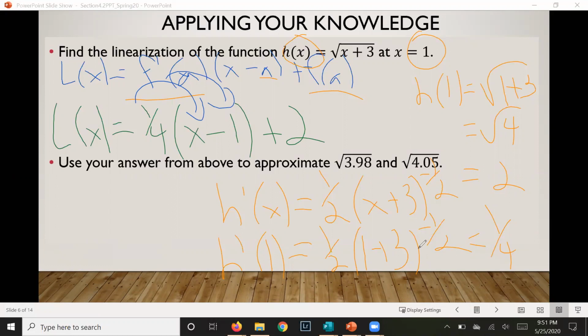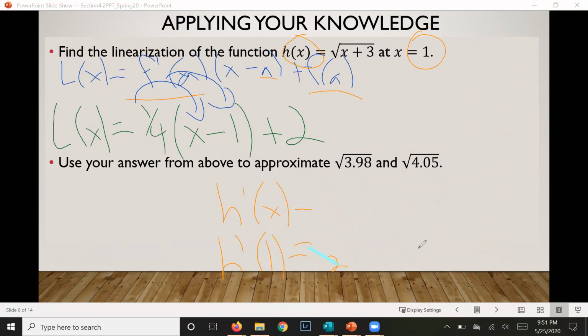When we do that, that will give us L of x equals 1/4 x plus 7/4, if you work that out.